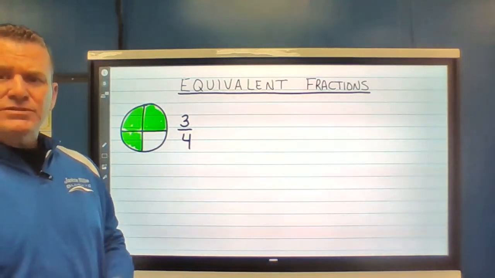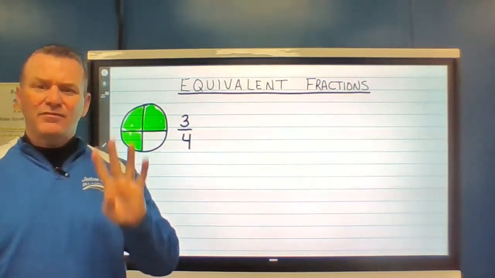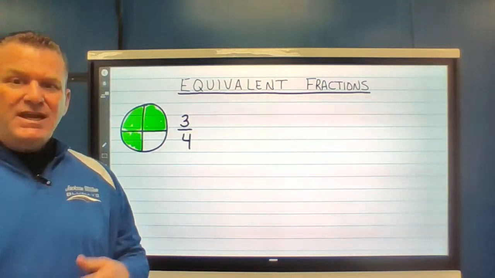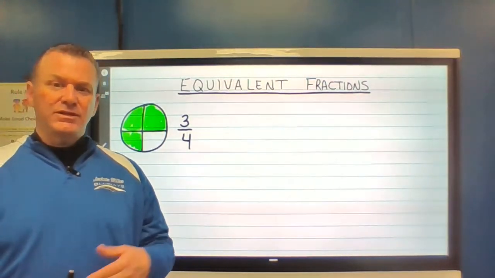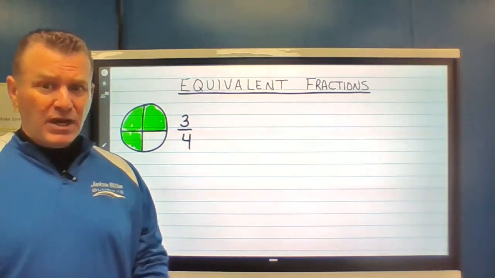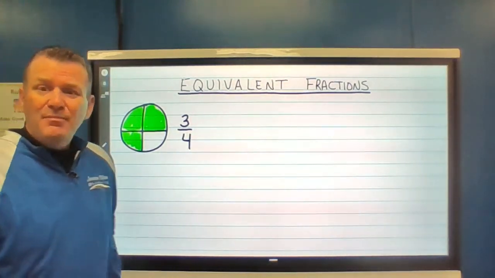That is 3/4. I have 3 pieces out of 4 total pieces. Okay, so there's my 3/4. If I want to create an equivalent fraction through multiplication, I'm going to multiply 3/4 by 1.